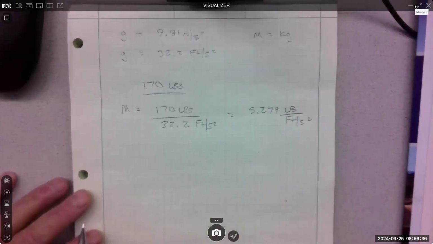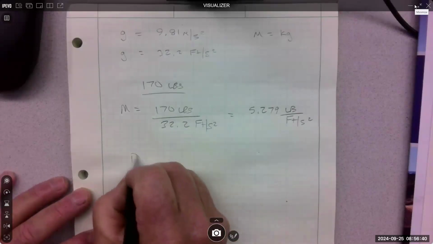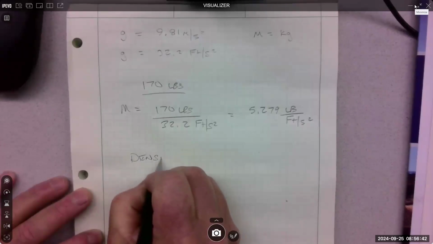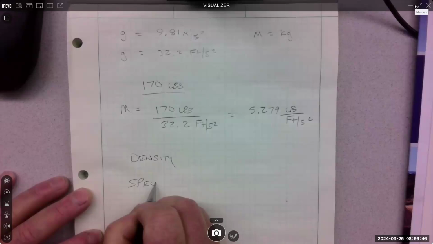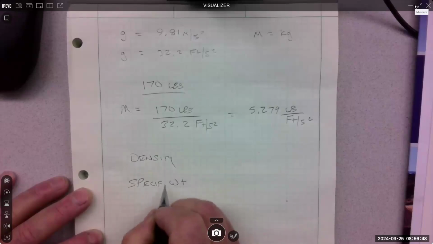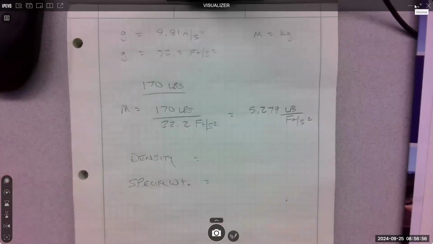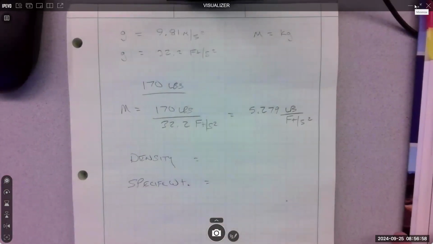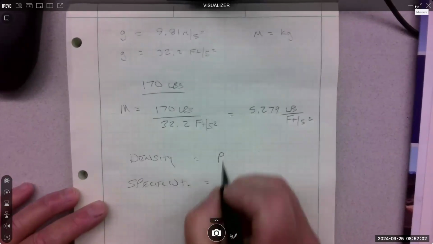All right, so the two properties of fluids that we're going to focus in on are density and specific weight. For density, they use rho, and I'm going to make my rho like that.